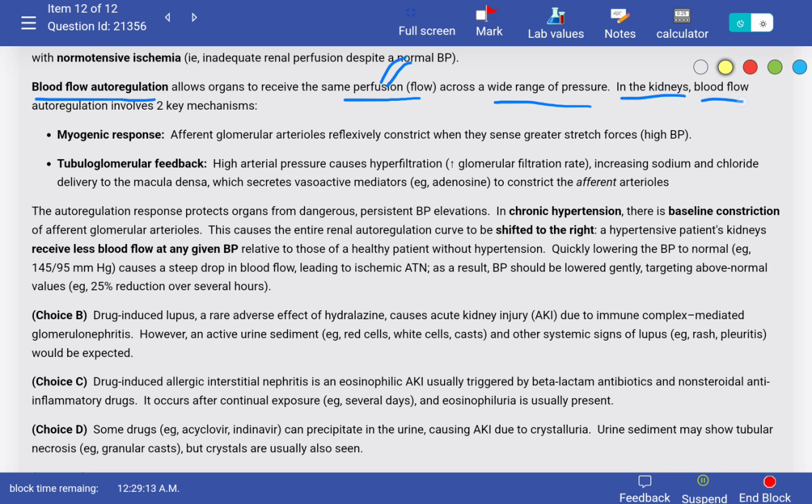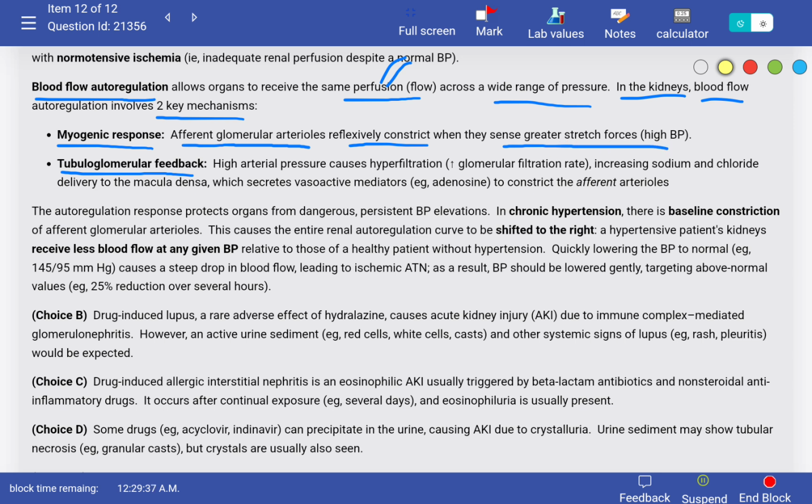In the kidneys, blood flow autoregulation involves two key mechanisms: the myogenic response and tubuloglomerular feedback. In the myogenic response, afferent glomerular arterioles reflexively contract when they sense greater stretch forces, that is, high BP.